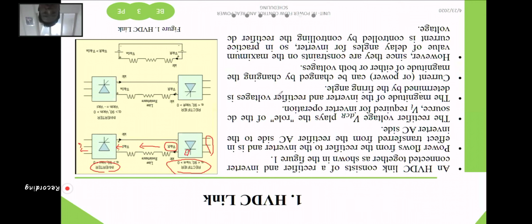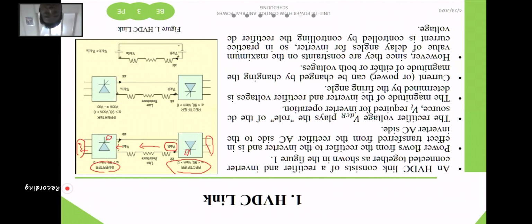And the magnitude of the inverter and rectifier voltage is determined by the firing angle. How much you want to produce, the magnitude of this inverter voltage, will depend upon your firing angle, which means you change the firing angle and control the power flow. So by the magnitude of the voltage we are controlling the power flow.